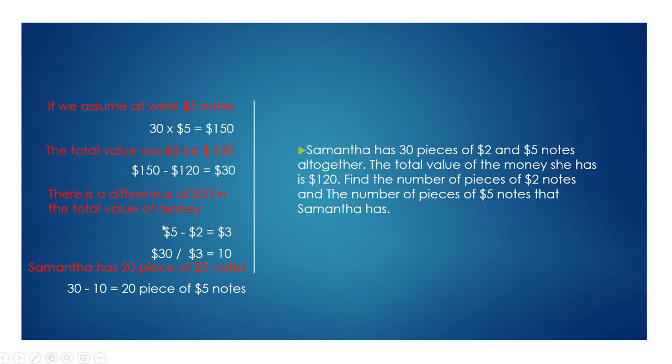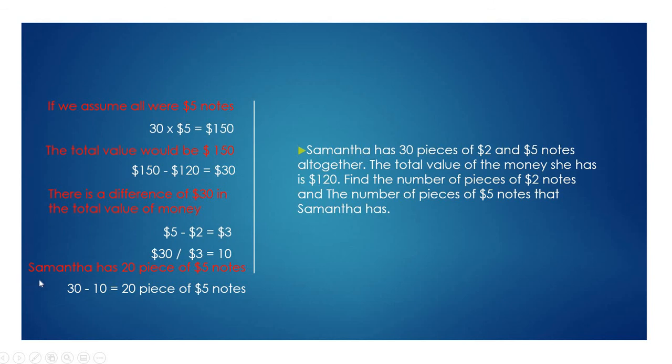Now we will find the difference between $5 notes and $2 notes, which is $3. $5 minus $2 equals $3. Then we divide the difference of $30 in the total value of money by $3, which is 10, right? $30 divided by 3 is equal to 10.